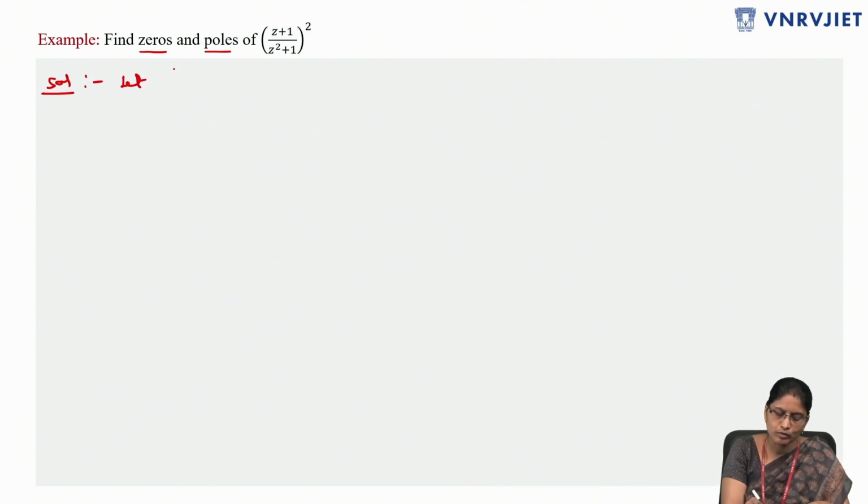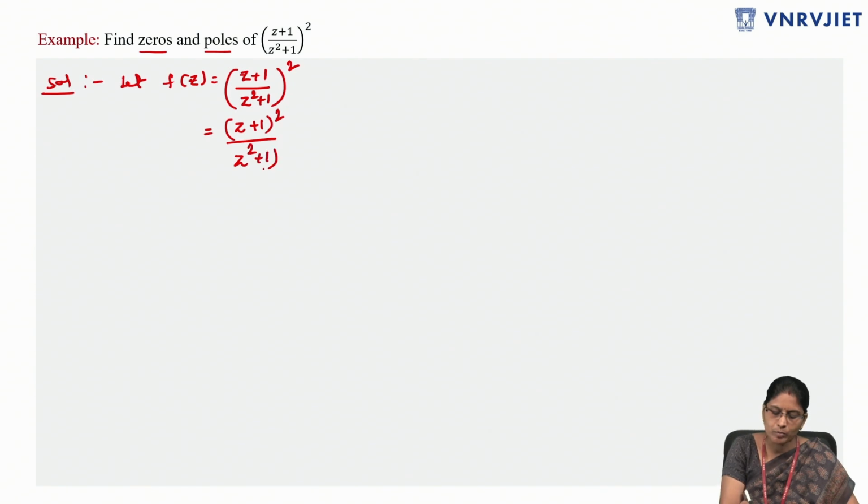First we have to note down the given function. f of z is equal to z plus 1 by z square plus 1 whole square, that equal to z plus 1 whole square by z square plus 1 whole square.